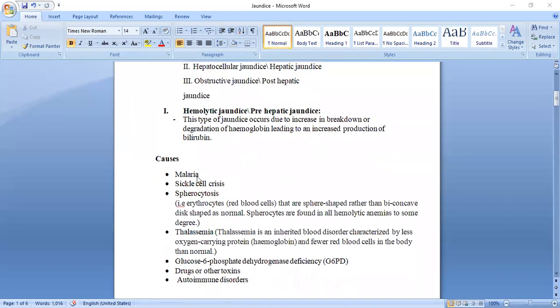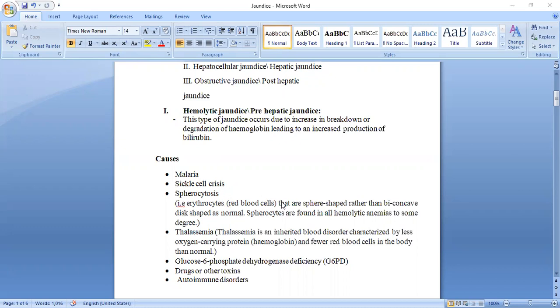Now, what are the causes? Malaria, sickle cell crisis, and spherocytosis. Actually, erythrocytes, red blood cells, are biconcave in shape.